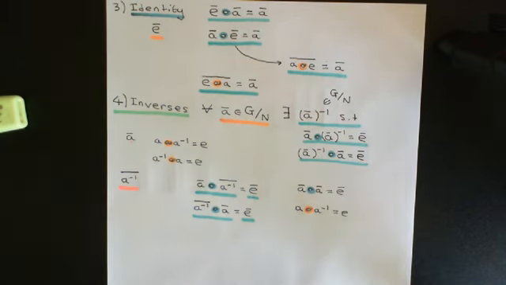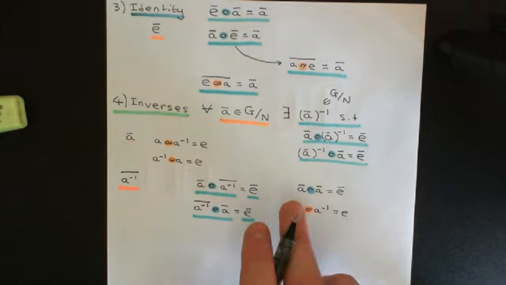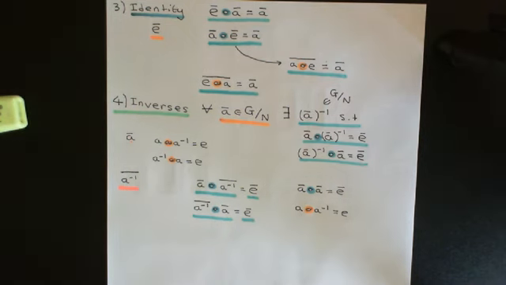So you do not need to worry about the scenario that A inverse ends up being in the same coset as A. All that means is that the coset is its own inverse, and the way of seeing that is when you have A bar composed with A bar, you could pick A for the representative for the first one, and then A inverse as the representative for the second one. We've already proven that it does not matter which representatives you pick.